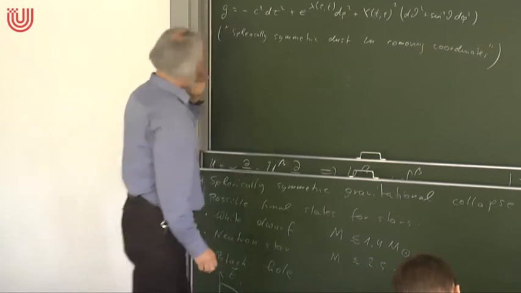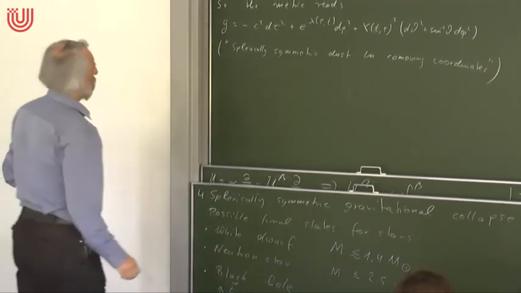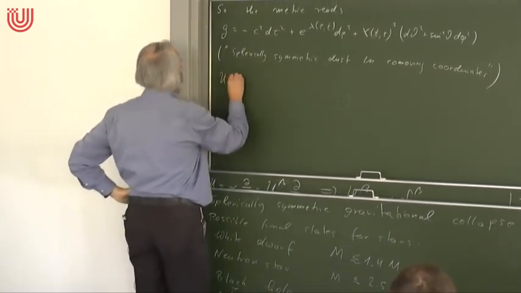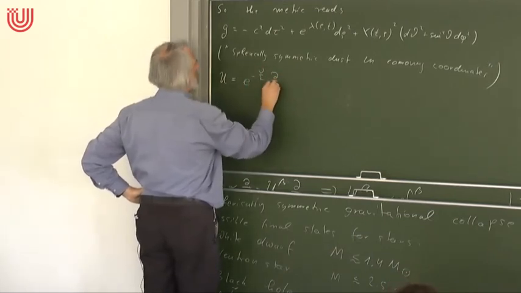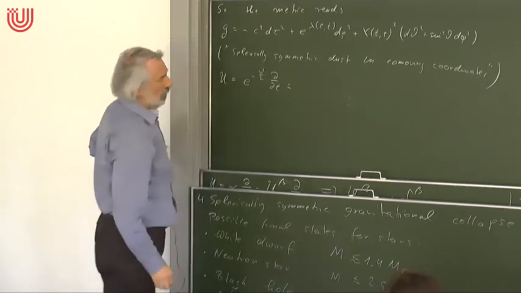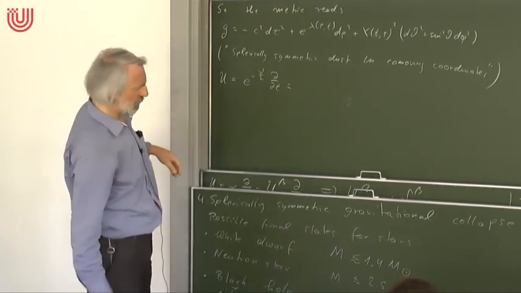Okay, so what are the flow lines of the dust now? I should write this down. So u in our old coordinates was e to the minus nu half d by dt, right? And now we have the transformation between t and tau.